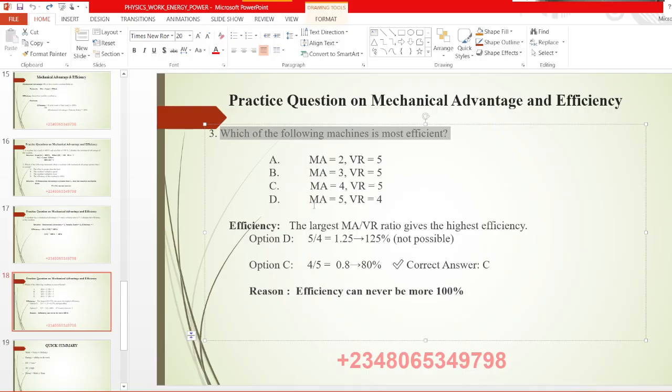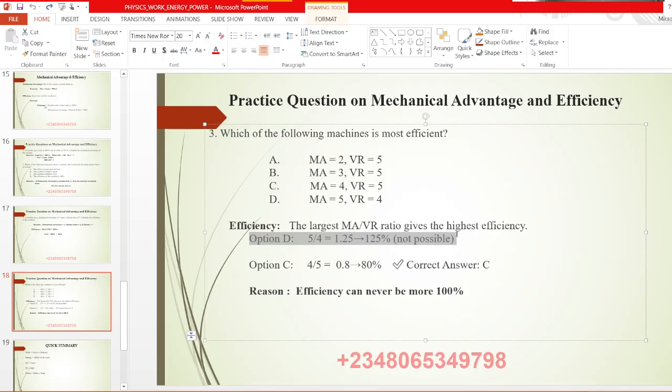And the last one, 5 divided by 4 multiplied by 100%, is 125%. The question says that efficiency can never be greater than 100%. So this option D is not feasible.